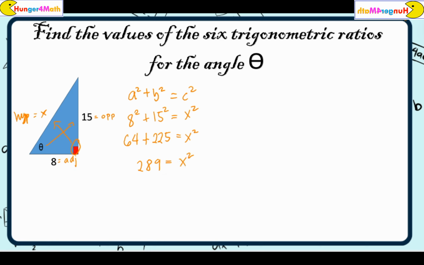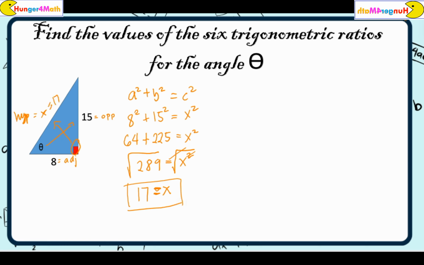And to remove the square, we have to square root both sides. And square root of 289 is 17 is equal to, here we can cancel out the square and the power of 2. So that is equal to x. So x is equal to 17.